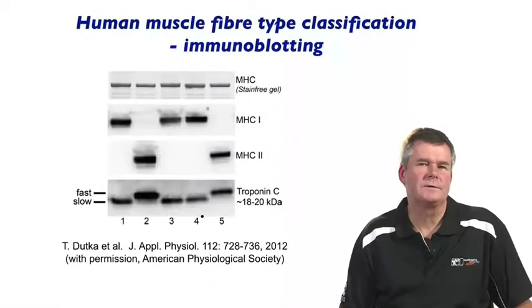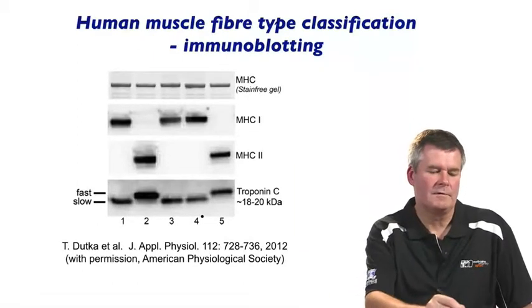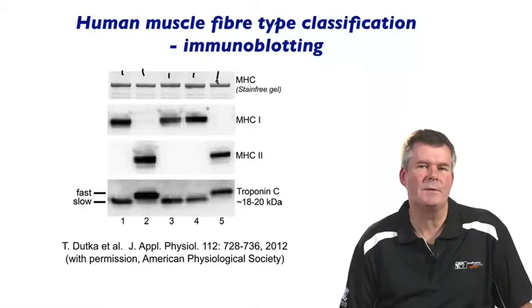In recent years, with the development of antibodies to specific proteins in muscle, another approach is to characterise muscle fibres using an immunoblotting approach with specific antibodies. In this image, we have 5 individual single fibres dissected from a muscle sample obtained from a muscle biopsy.